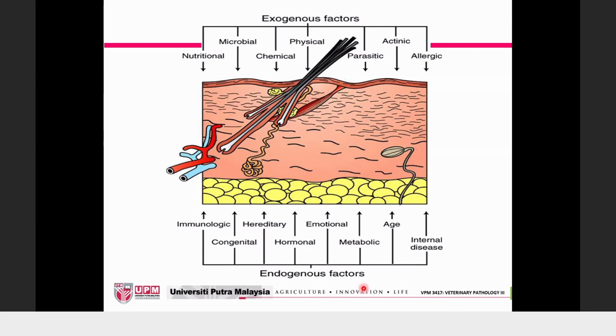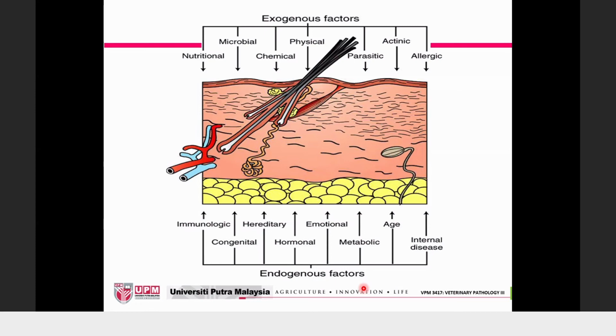This is basically to conclude that you have to remember whenever you are faced with a patient with skin disease, you have to rule out a lot of things, because skin is affected by many factors, exogenous and endogenous. That's why you need to do a thorough history taking, looking at the age and also the breed. For example, certain breeds are predisposed to certain skin diseases.